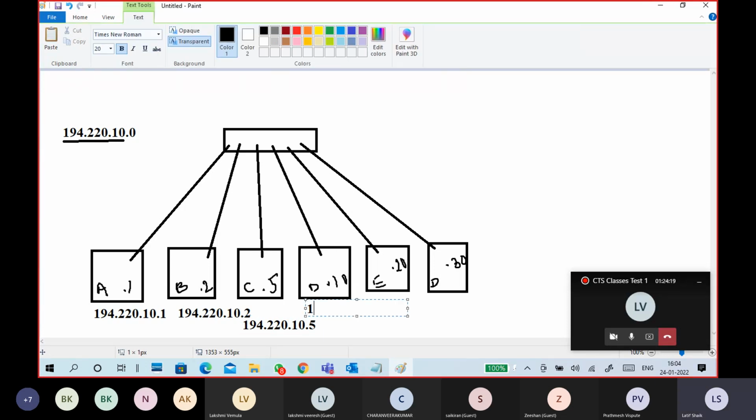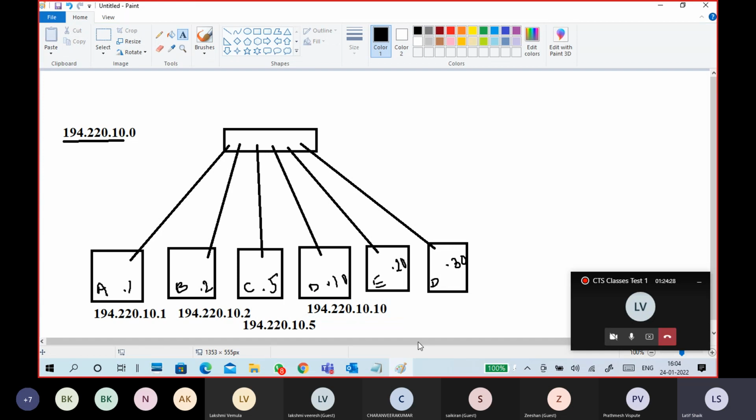See, this PC's IP address is 194, 220, 10, 10. Like this, each and every PC you can assign an IP address. But which one can you not assign? The 0 and the last IP address on the network you can't assign.